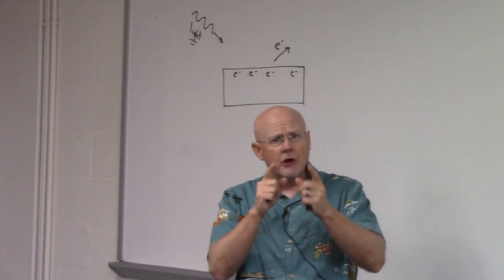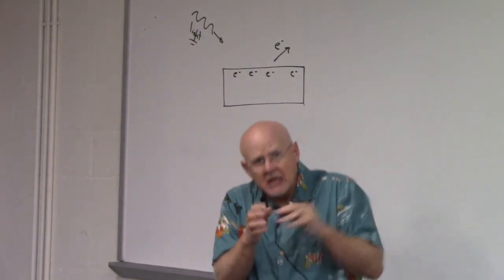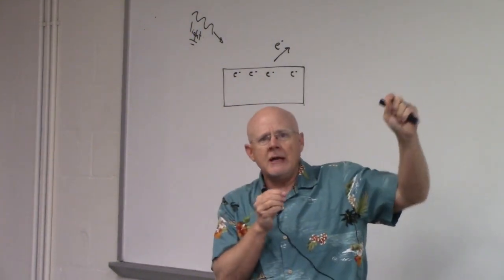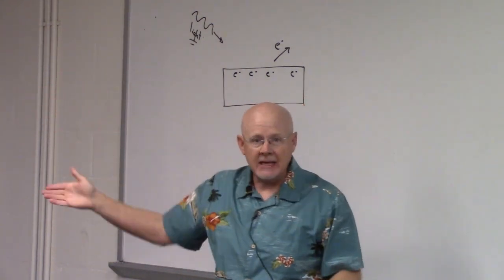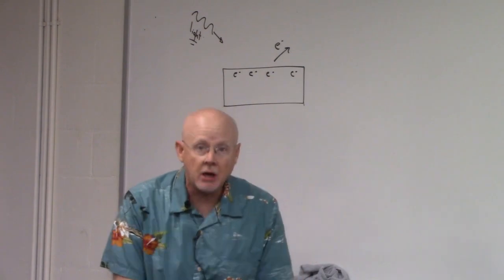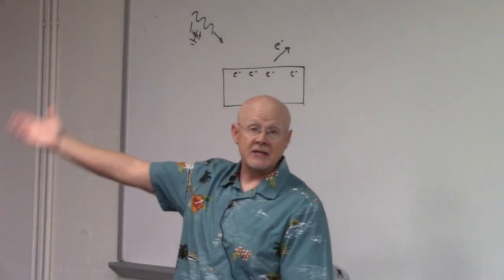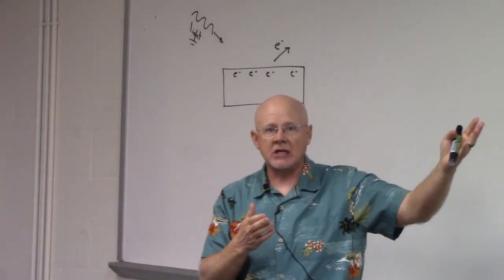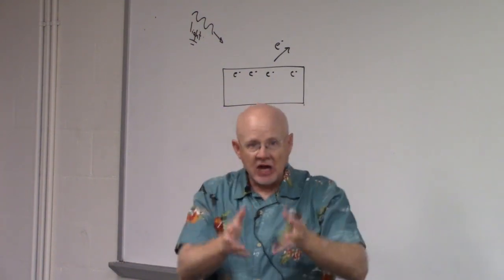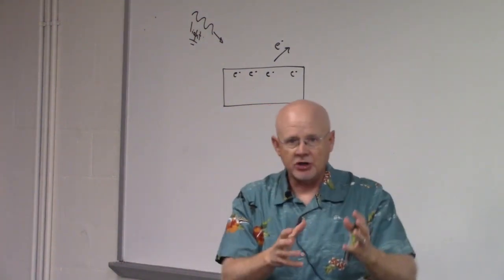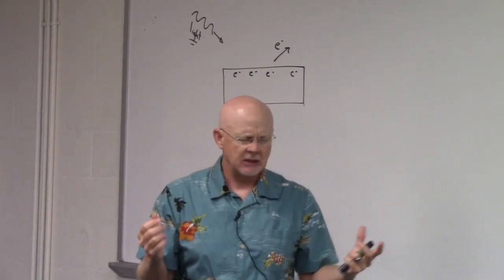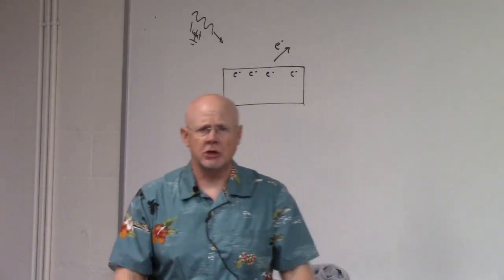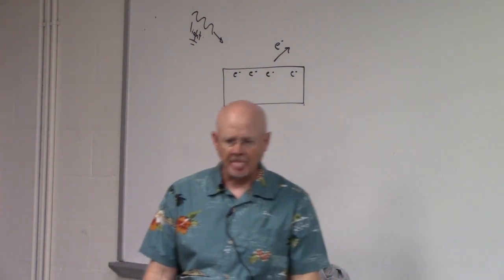But again, along those thinkings, you would expect that the ejected electron had more energy when you had more intensity. And again, that's not what they saw. They saw when you had more intensity, you had more electrons ejected, but the electrons that were ejected were all at the same energy. And again, that was just mind-boggling. They had no explanation for what they were observing.